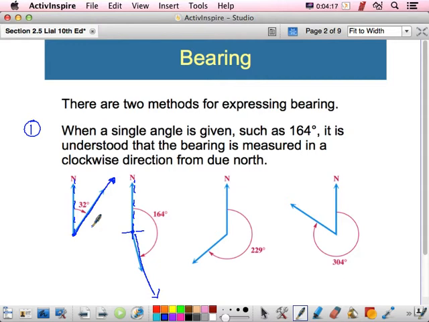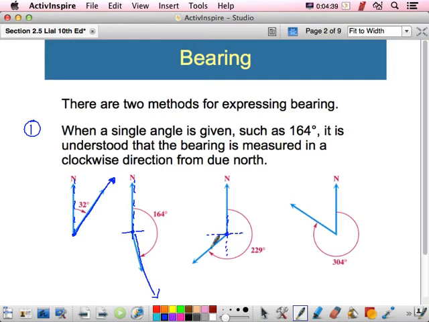Okay. All right, 229 degrees of rotation. So if that's my bearing, this would be due north. This would be due what? This would be due east, and this would be due south. Okay, so 90 degrees would get me to due east. 180 degrees would get me here.